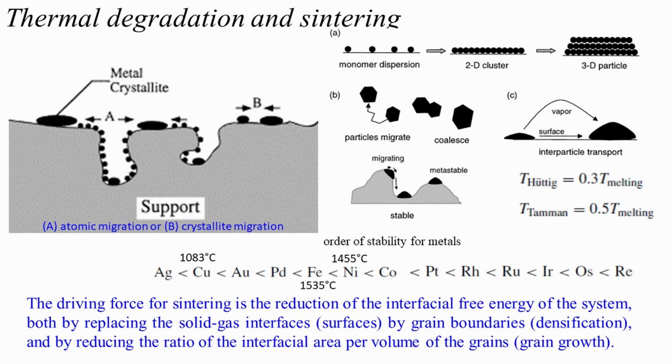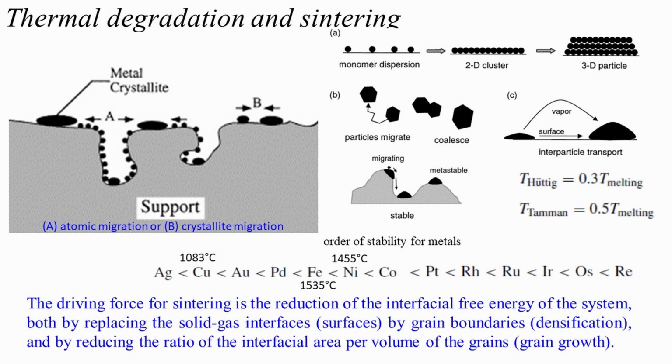The first two processes are typically referred to as sintering, the third as solid-state reactions. Sintering processes generally take place at higher temperature and are generally accelerated by the presence of water vapor.